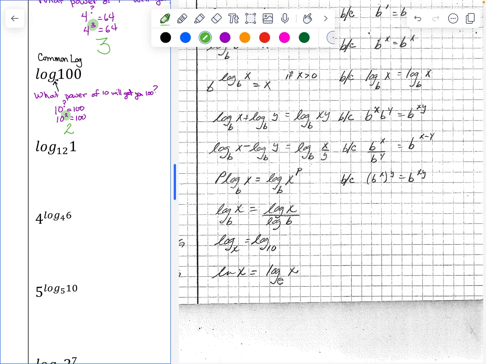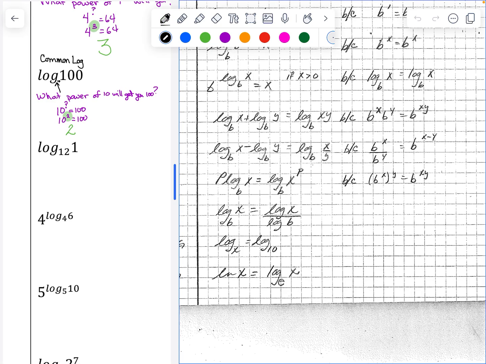This shouldn't have anything right here. So when there's the word log without a number on the base, the assumed number on the base is a 10. So that's that rule.